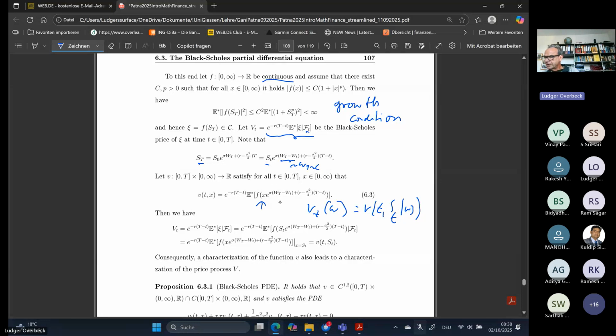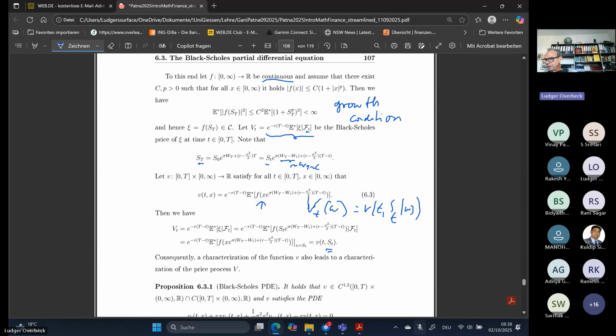You have written V_t like this because if you condition on F_t, you just have to put in the value of S_t here. So capital V_t is a random function, just from the value of S at time t.